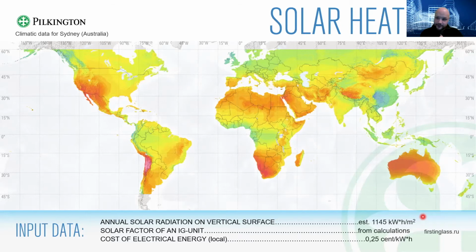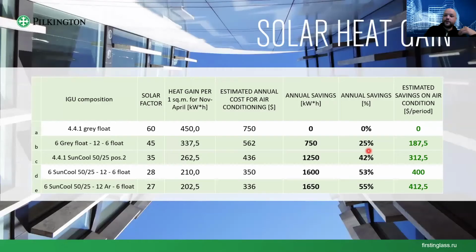Then we take the solar factor of your IG unit and the cost of electricity. Using this information, we can estimate the savings on the solar factor, so summer savings. In this table, you can see several IG unit compositions, without triple IG units, of course, starting with the lamination with the gray glass body tinted.